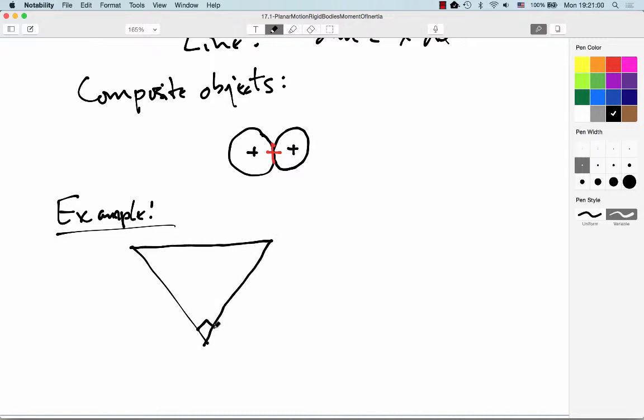I want this to be a right angle right here, and then these are 45 and 45 just to make it a little easier. And while we're here, let's go ahead and insert a coordinate axis. So put the origin here, x-axis, y-axis like so.